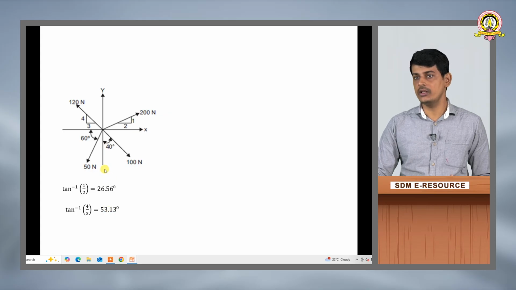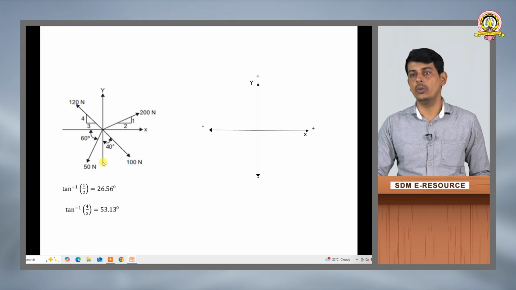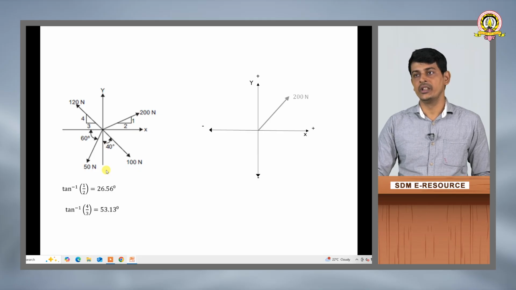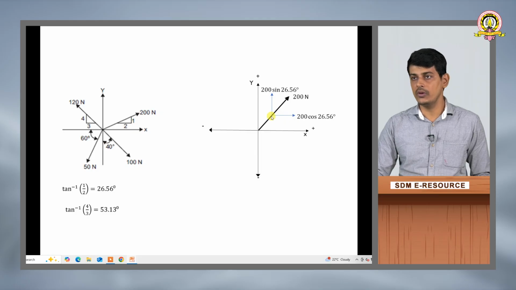Now we will resolve the forces one by one in the horizontal as well as vertical axis. The first force, 200 Newton, makes an angle of 26.56 degrees with respect to the horizontal axis. We resolve it into horizontal and vertical components; the force and its two components all point in the outward direction.